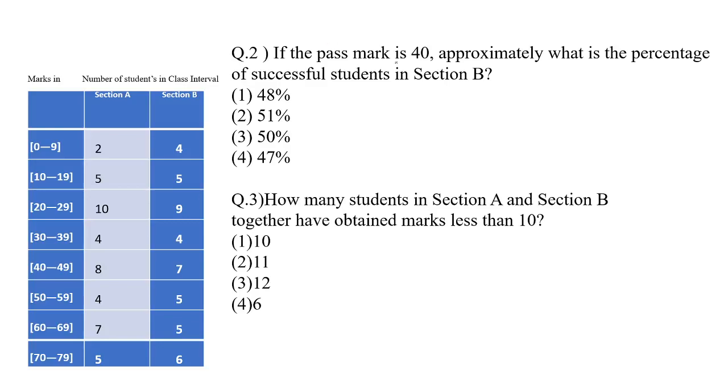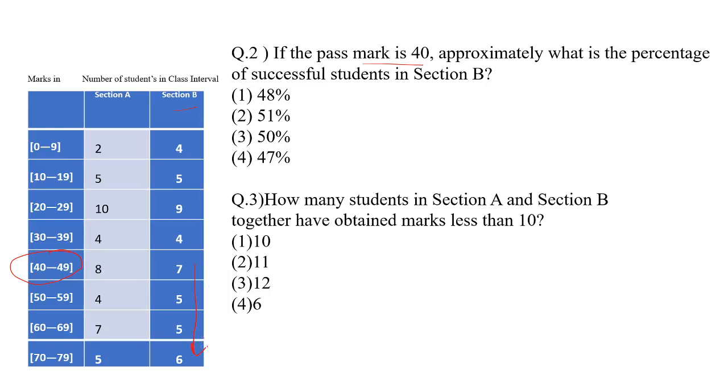If the pass marks is 40, approximately what is the percentage of successful students in section B? So we are in section B. The pass marks is 40. What is the percentage of successful students in section B? So in section B, how many students have passed?